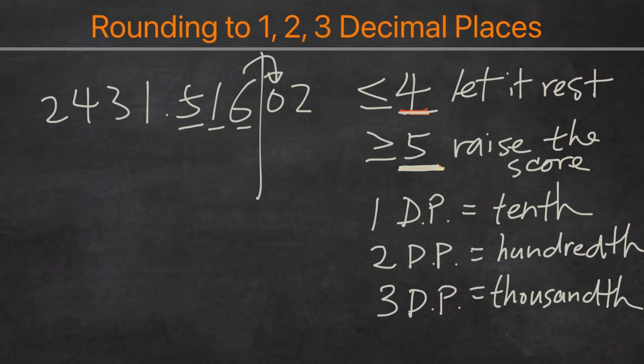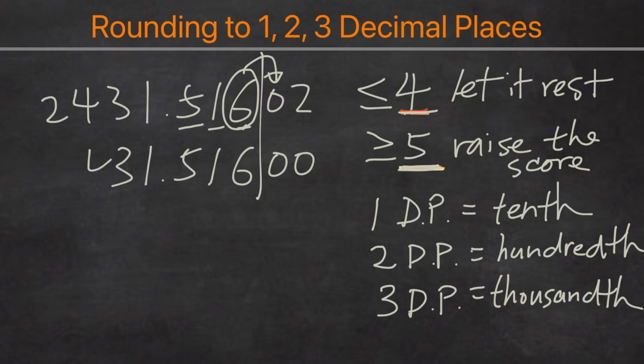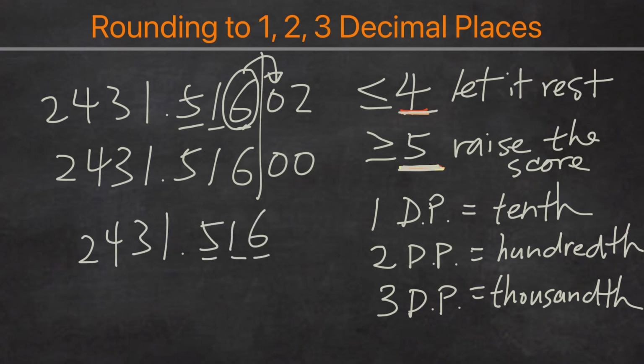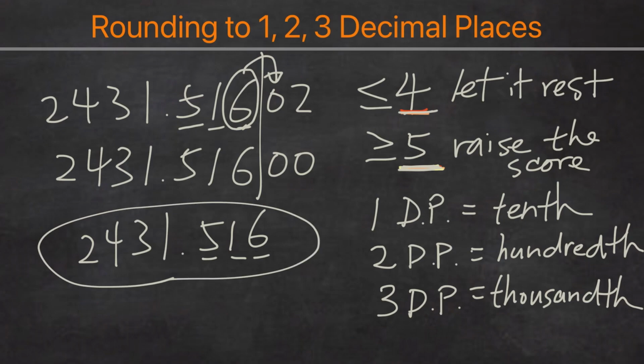So we won't do anything with the thousandths place, so that would be 6. And the rest of the number becomes 0, and we'll bring down the rest. So we have 2431.516. 3 decimal places, and we're good to go.